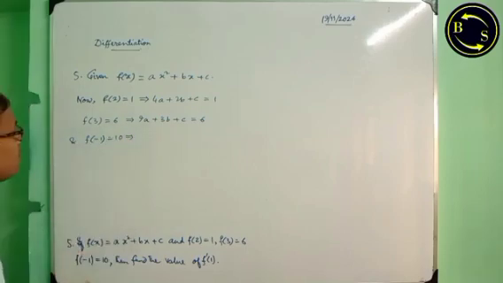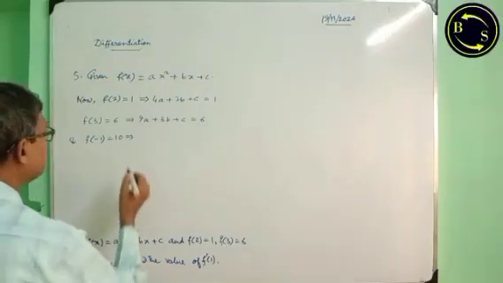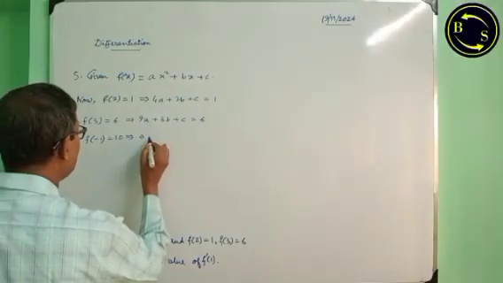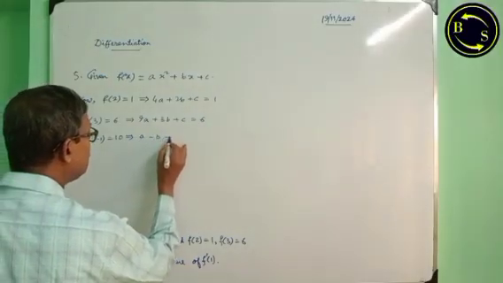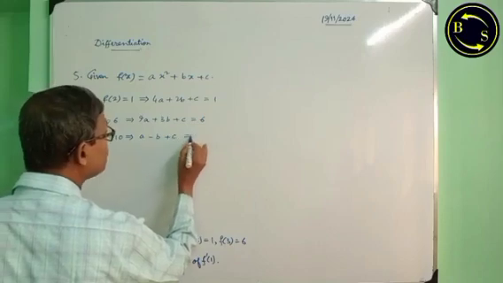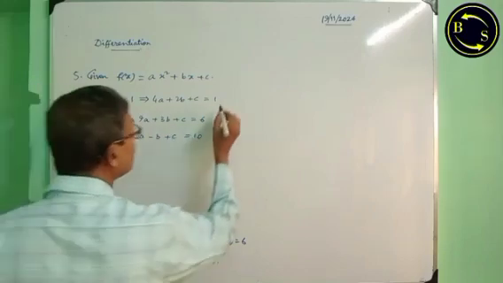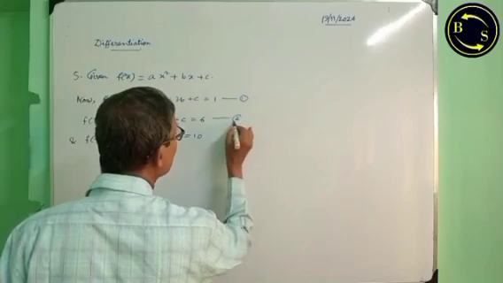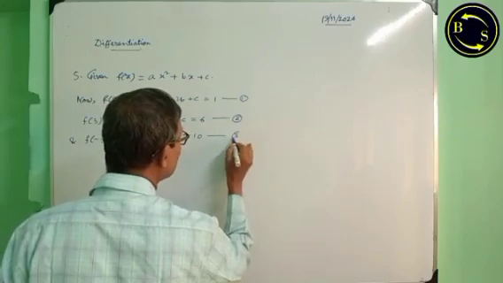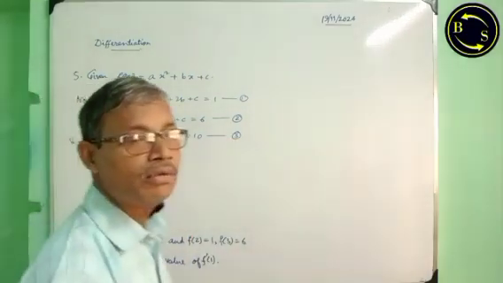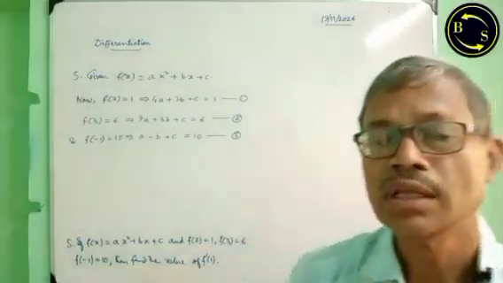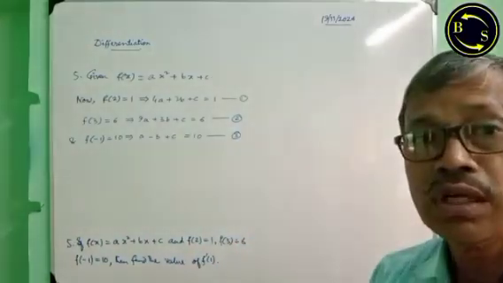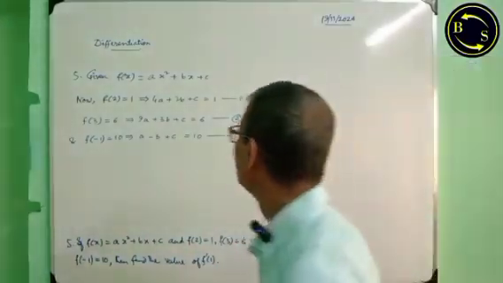Now we put x equal to minus 1: a minus b plus c is equal to 10. Thus we get 3 equations, 1, 2, 3. Now we have to solve these 3 equations to get the values of a, b, c, so that we shall get f(x).